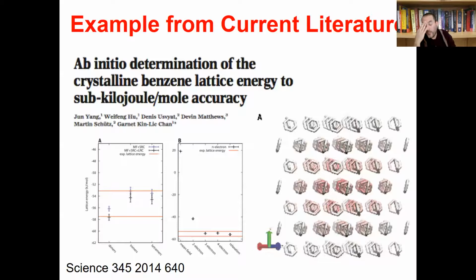So far, we talked about these models. Again, these models are approximations, but I think we have come to the point that these models are quite accurate. But if you want really, very, very high accuracy, obviously, the ab initio calculations are the standard. In this paper, which was published about 8 years ago now in Science, for instance, they show that they can reproduce the lattice energy, and also predict the conformation of a benzene lattice, by very high level ab initio calculations.